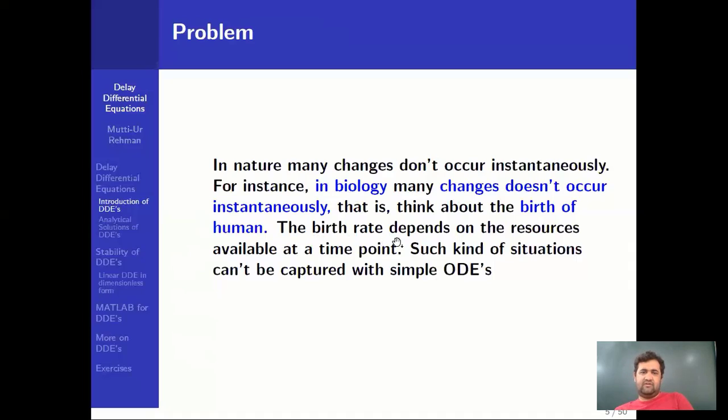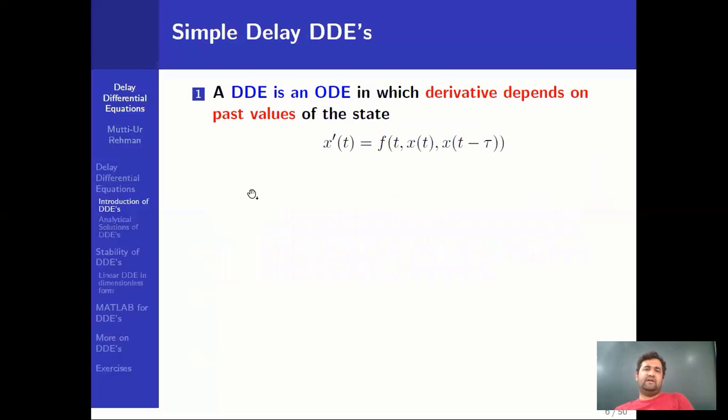The birth rate of humans depends on the resources which are available at that time point. Okay, so unfortunately, these kinds of situations are not captured in a good manner with the help of ordinary differential equations. So for that, we need delay differential equations.